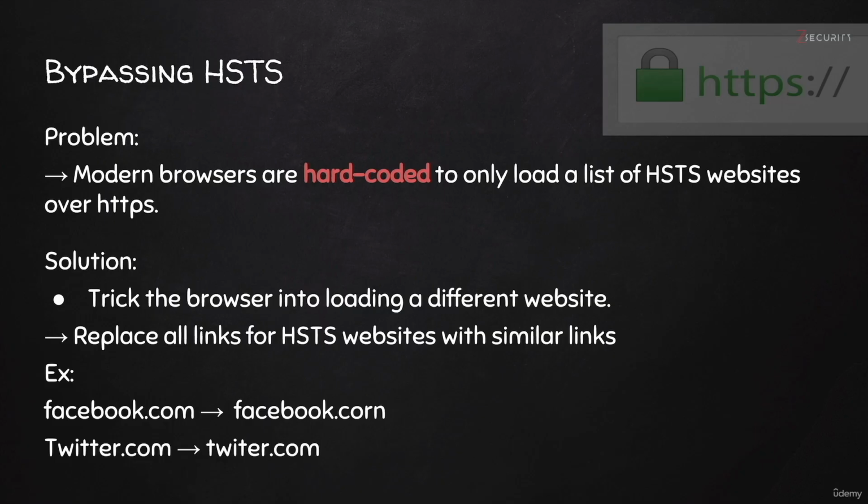To do this, we're gonna replace all HSTS links in loaded pages to similar links, but they're not the same links. For example, we can replace facebook.com with facebook.corn. Now, I know this seems very suspicious, but trust me, when it goes into the URL bar, the RN here at the middle, it'll seem very similar to the M letter.